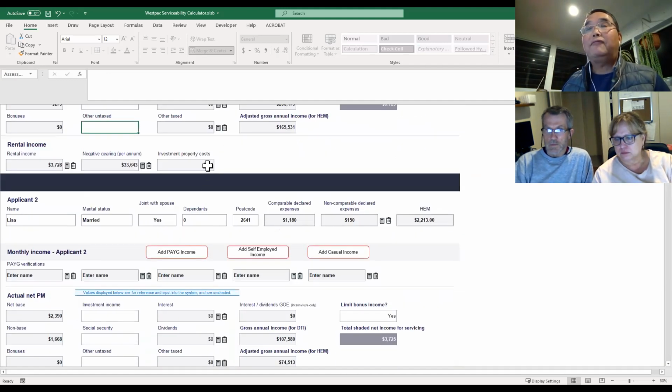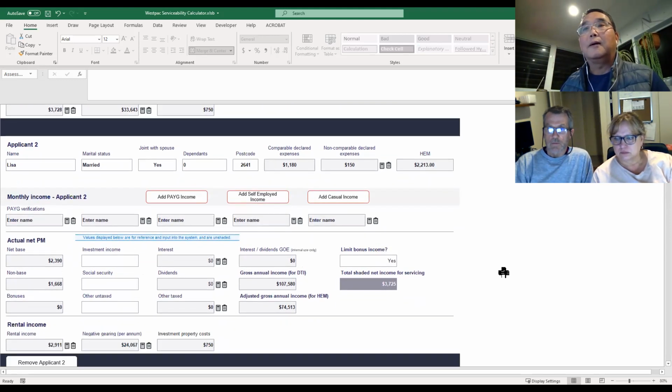Now this 750 is Anthony's share of the investment property cost, like a council rate notice, whatever cost. I estimate about 1,500 per month across all the properties.